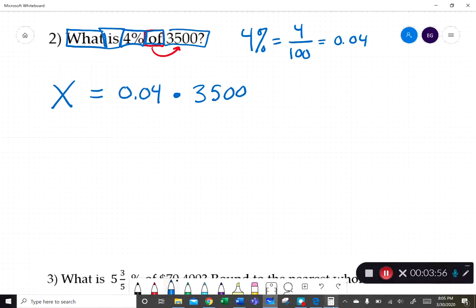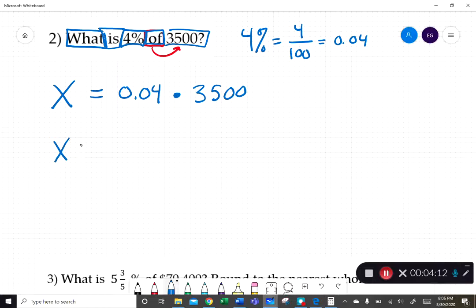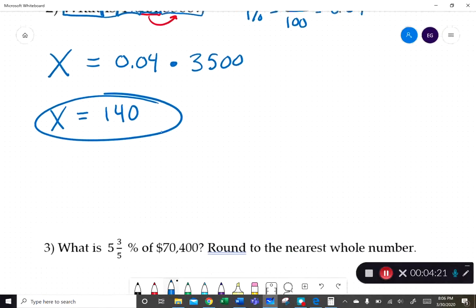I'm going to pull up the calculator for that one. 0.04 times 3500. And we have x is equal to 140. All right, so moving on.